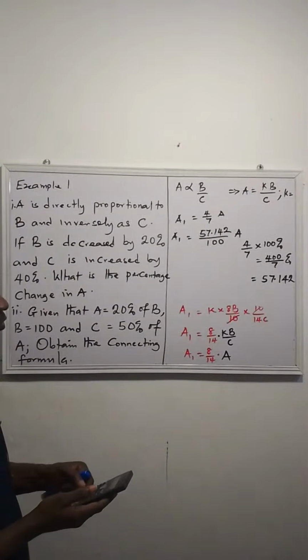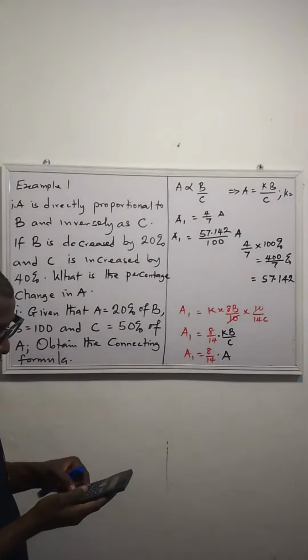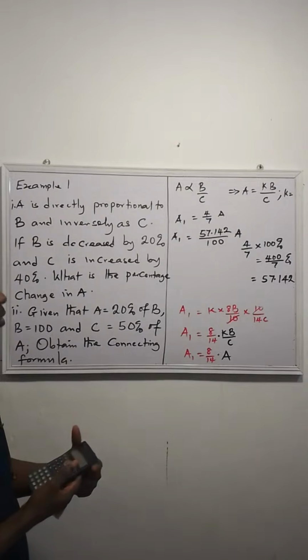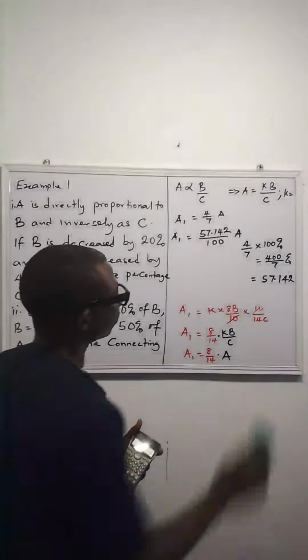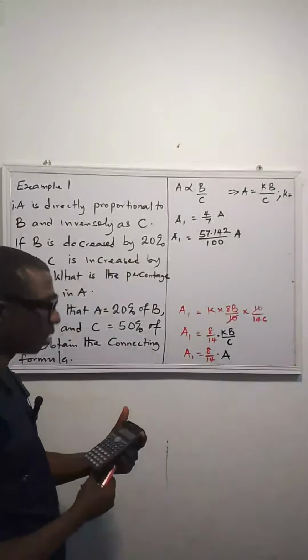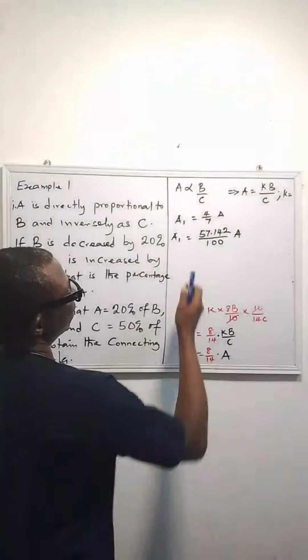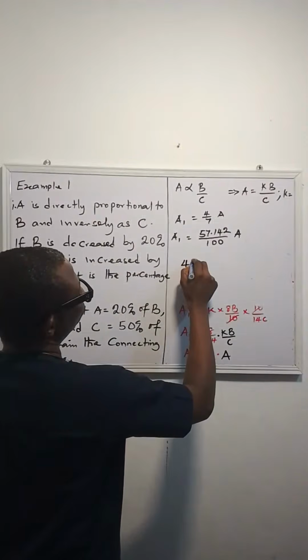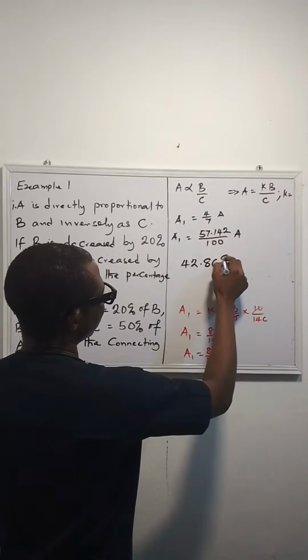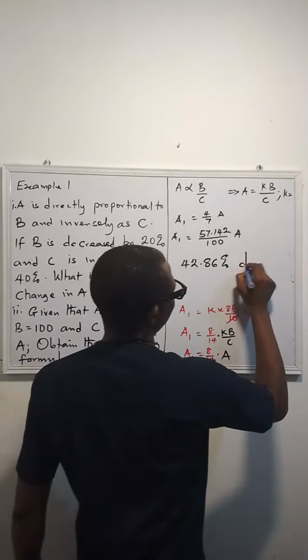So we have 57.142 minus 100. So now, the difference now is going to be 42.86% decrease.